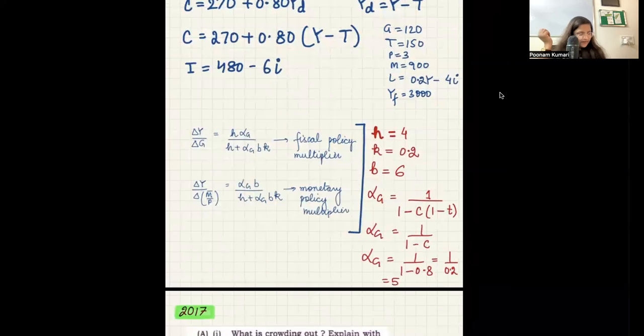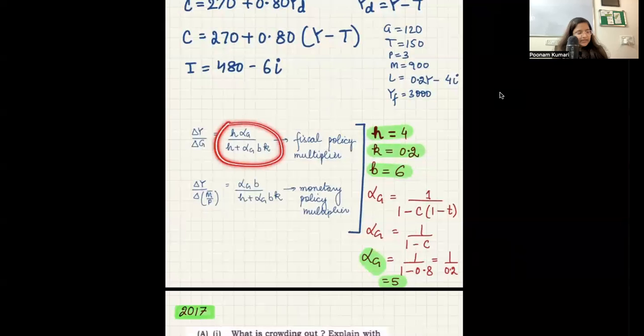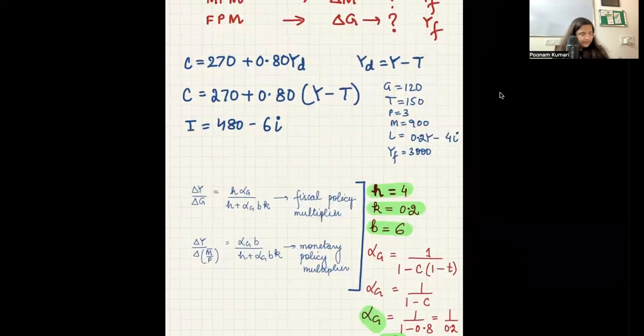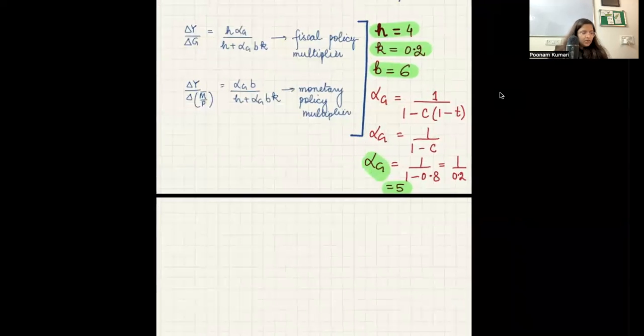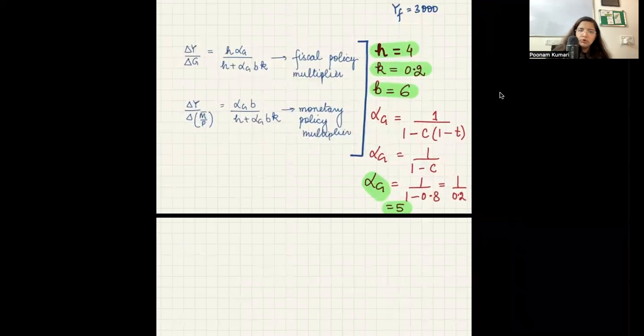So alpha g is 5. ठीक है, so the things which are important for us are H is 4, K is 0.2, B is 6, and alpha g is 5. These are the 4 things which are important for us to calculate this and this. ठीक है, so ये हमने निकाल लिया. Okay, fine. All right. So, okay, let's find the value of the fiscal and monetary policy multipliers.